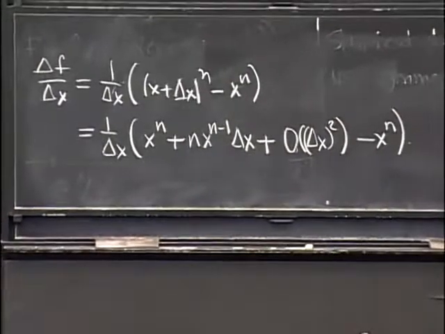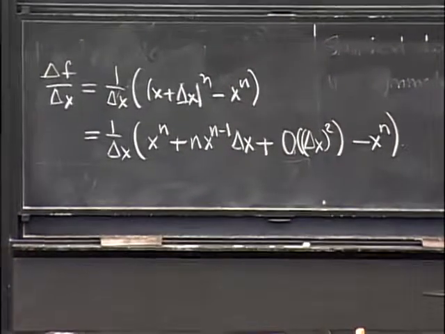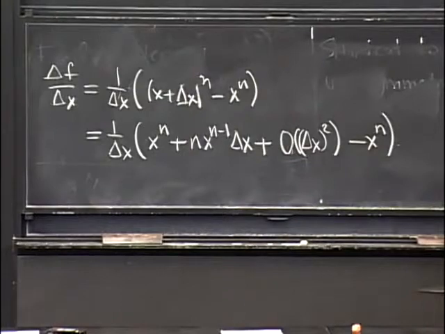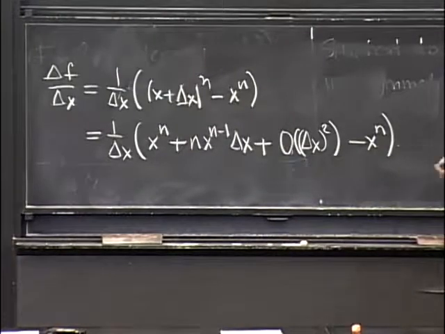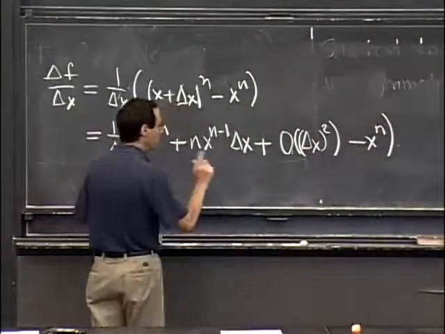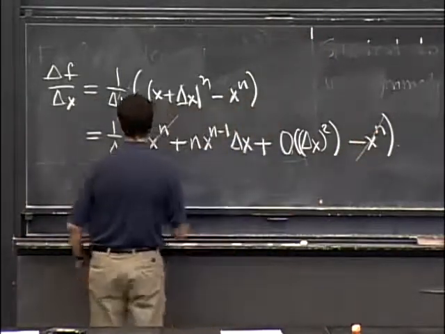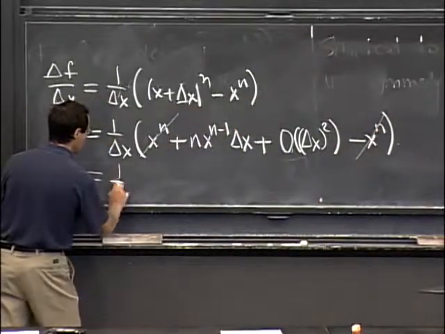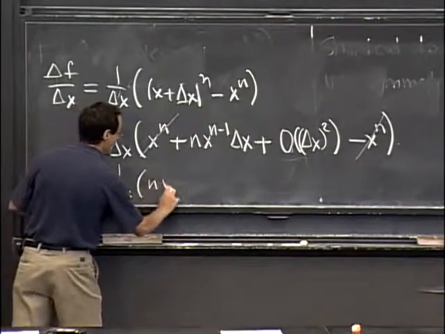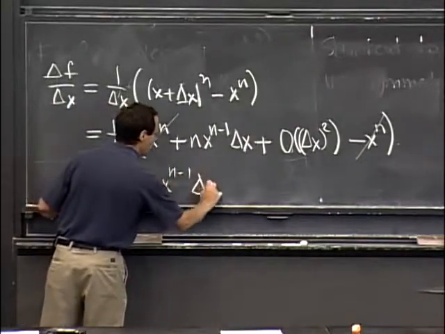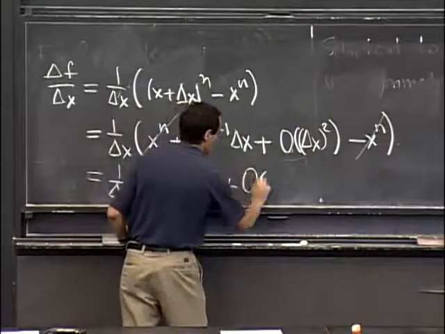All right, so that's what we have so far based on our previous calculations. Now I'm going to do the main cancellation, which is this. So that's 1 over delta x times n x to the n minus 1 delta x plus this term here.